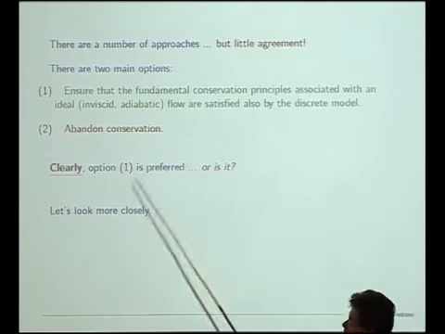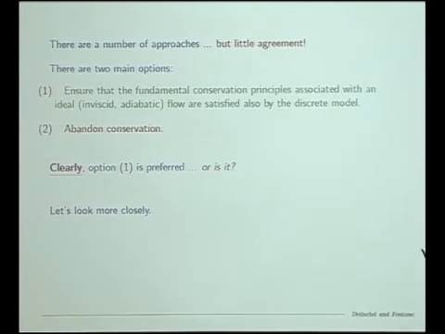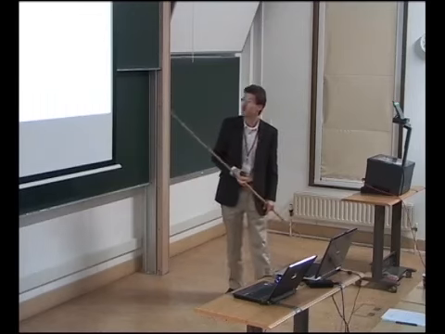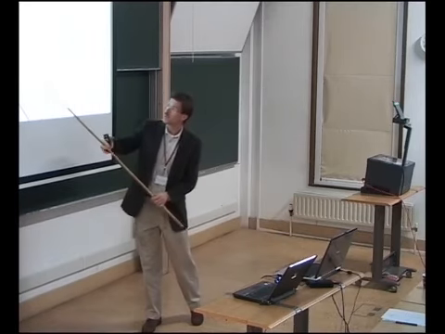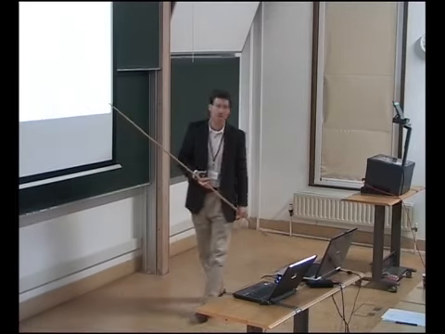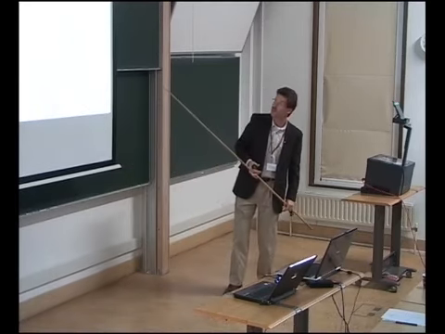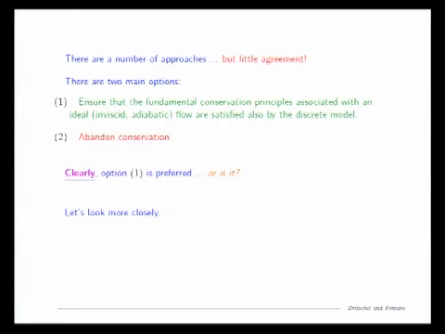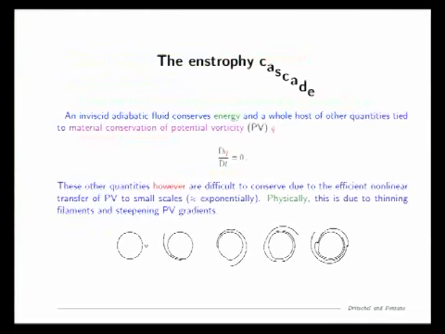The other option, which seems radical, is to completely throw away conservation, which is dangerous if you're not careful. But if you think about it, you can do this while still making a more accurate solution to your problem. Most people would think that option one, which is green and therefore good, is the best one. But let's look more closely and see whether that really is the wise thing.